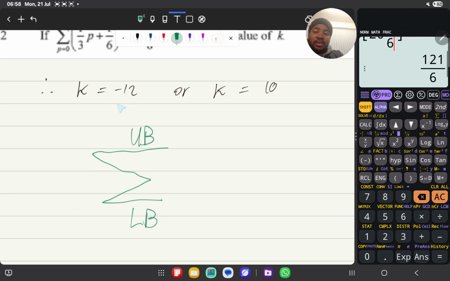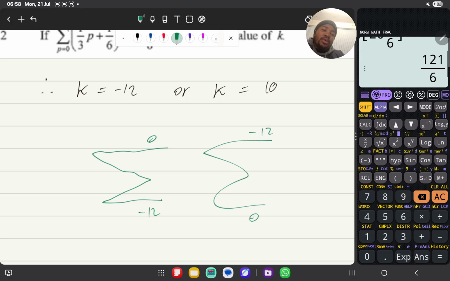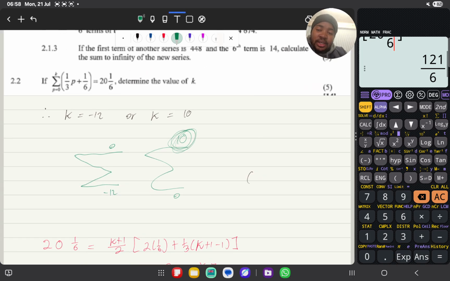If k was minus 12, we would have had 0 and minus 12. What doesn't make sense is having 0 as the lower bound and a negative 12 as the upper bound. So the only k that makes sense is k being equal to 10. You understand? K being equal to 10.